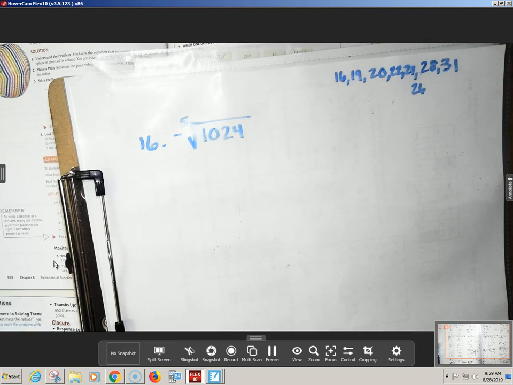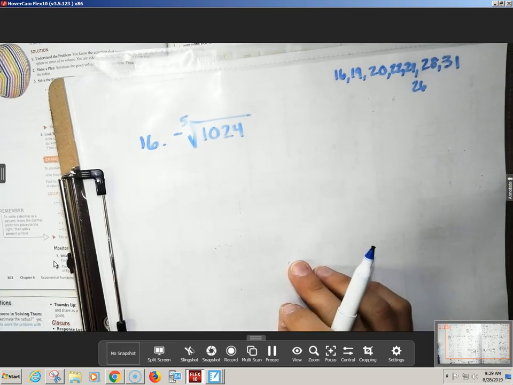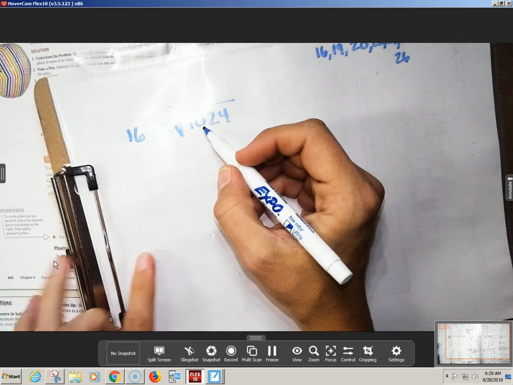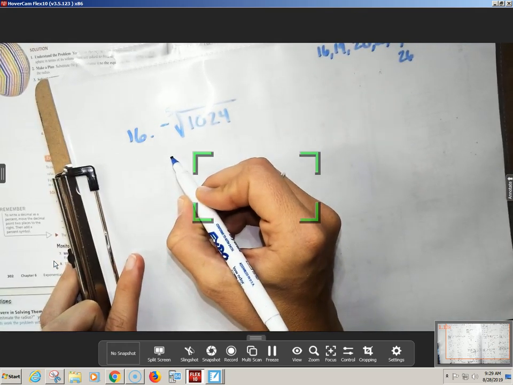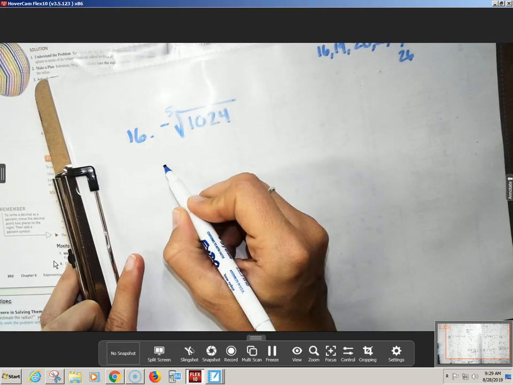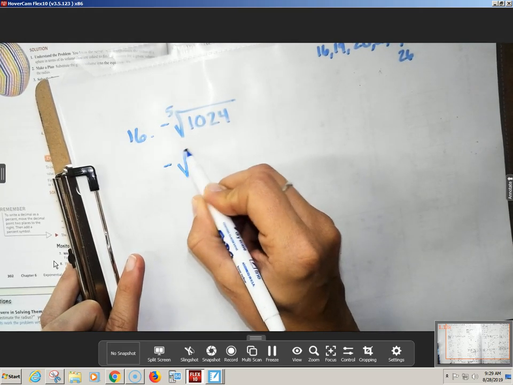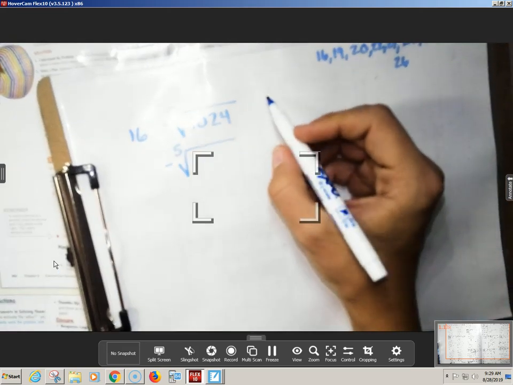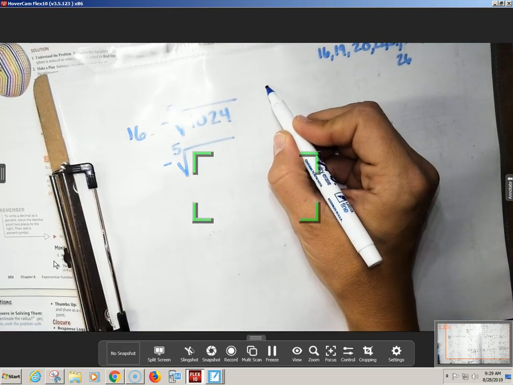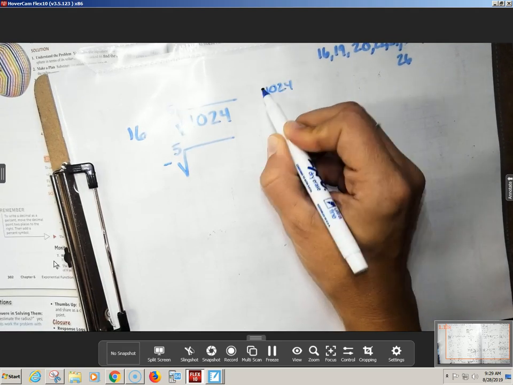Cool. So with this one, 1024, I'm not going to go through the huge process of breaking it down. Can you guys just tell me how many 2's were in that? Did anybody figure out how many 2's are in 1024? Oh, you didn't figure out how many 2's?